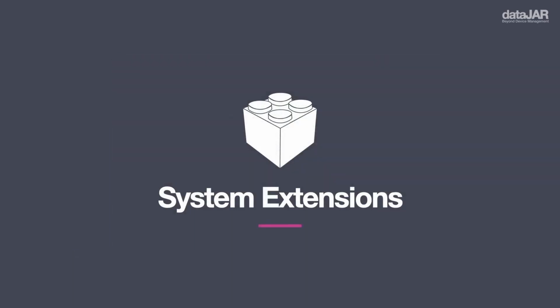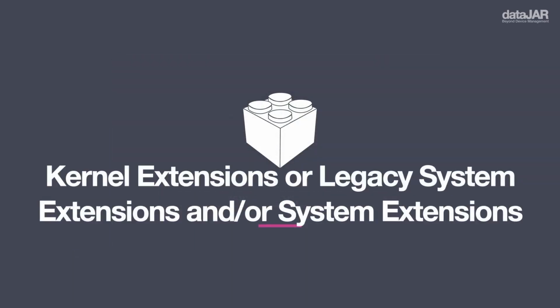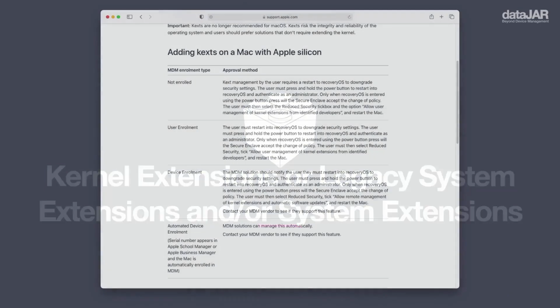So now let's look at system extensions, or kernel extensions, or legacy system extensions, and/or system extensions. It really depends on what document you read. You can kind of call them the same thing at times, but they're also quite different. Calling them this and having this as a subject header didn't really fit very nicely with the slides. So, hey, system extensions it is.